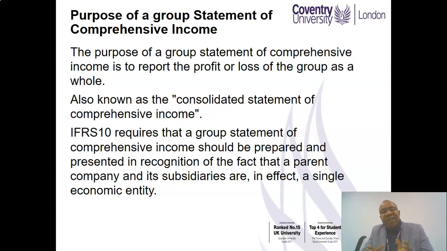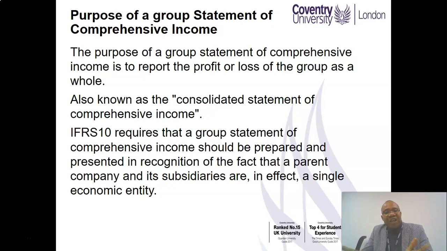When they prepare their separate accounts, they recognize any transactions between each company. However, when we come to prepare group accounts, we will follow the substance of the transaction rather than their legal separate identity. What that simply means is that we'll look at all the group members as a single unit.